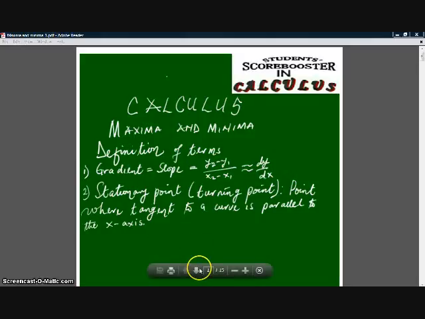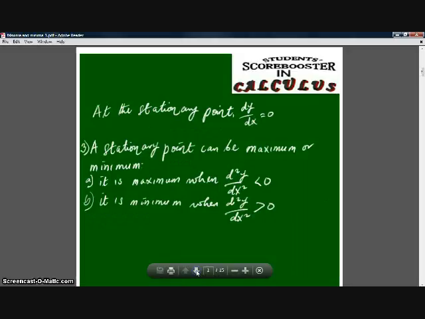The important aspect of it is this expression. At the stationary point, dy/dx is 0. dy/dx is 0.